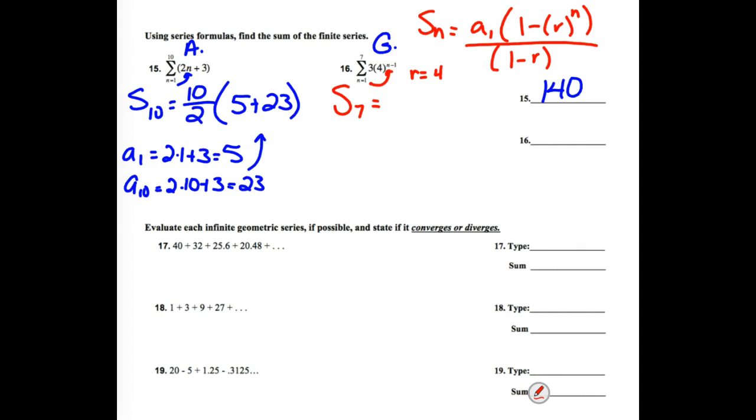If we put a 1 in there, 1 minus 1 is 0. 4 to the 0 is 1. 1 times 3 is 3. So first term is 3, and r is 4. So our formula says we take the first term, multiply by 1 minus r to the nth power, in this case 7, divided by 1 minus r.